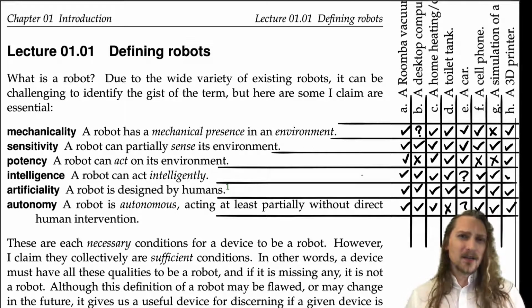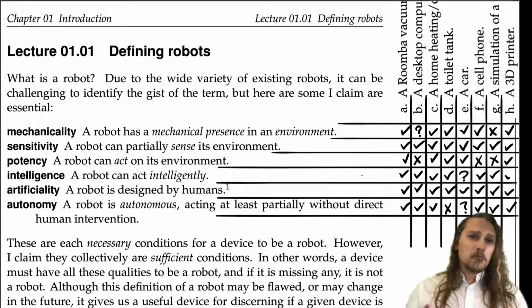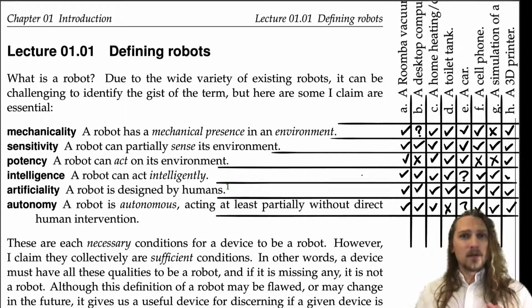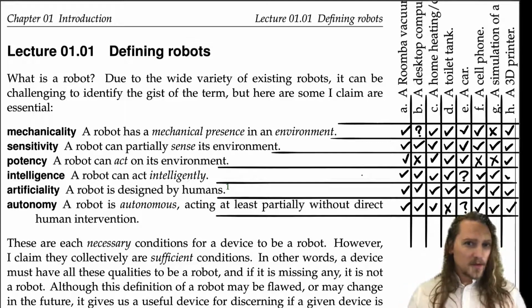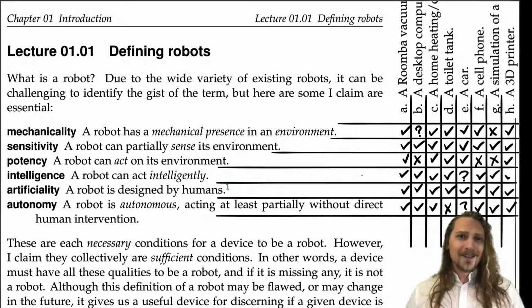But it also highlights that there is a real ambiguity between a device that does something with some sort of feedback control system in it and a robot. It really becomes challenging to differentiate between the two. So those are a couple of things to keep in mind.